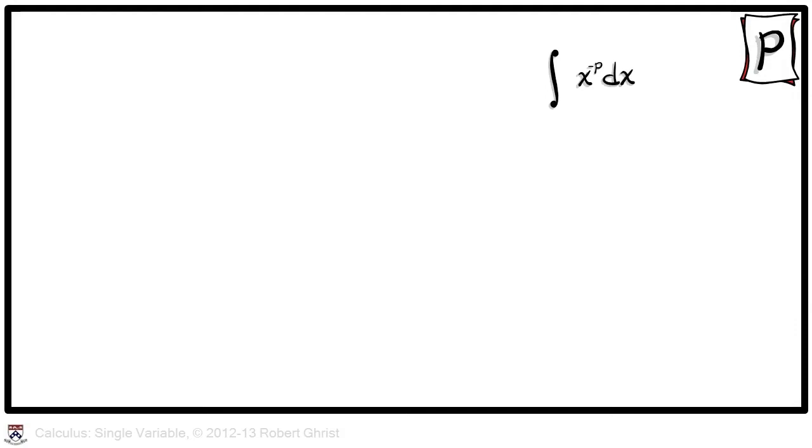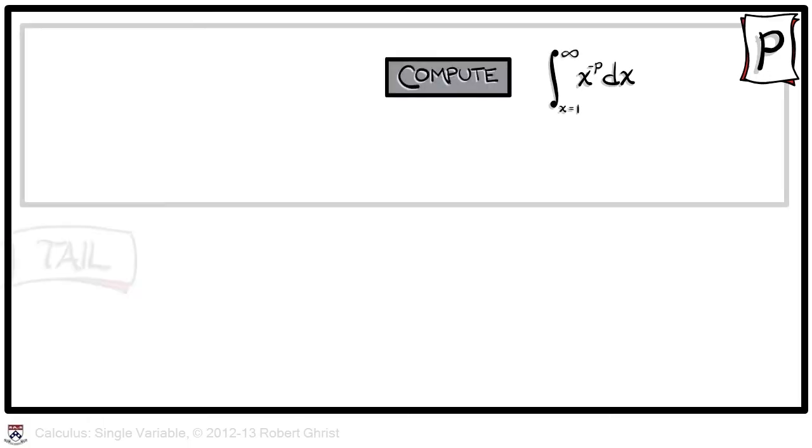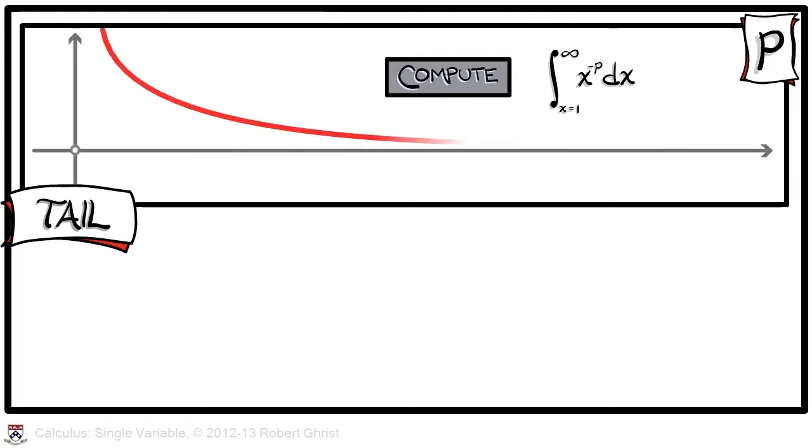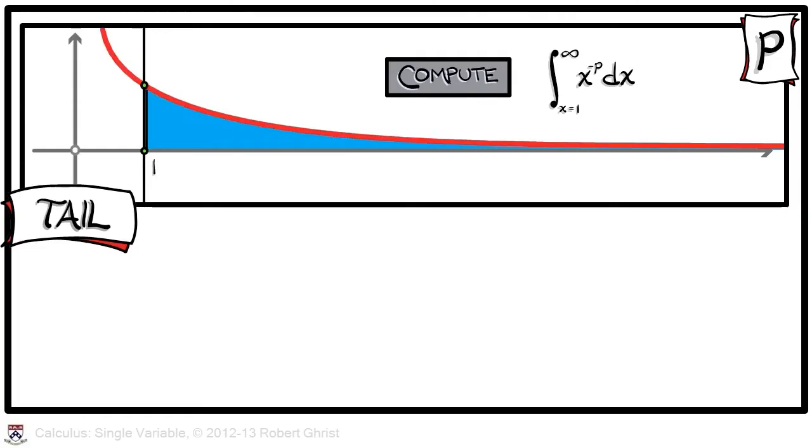These are the p integrals, or the integral of 1 over x to the p dx. Let's consider first the example of a tail singularity, where we integrate, let's say, from x equals 1 to infinity. Of course, the value is going to depend on p, but let's do all of them at once.